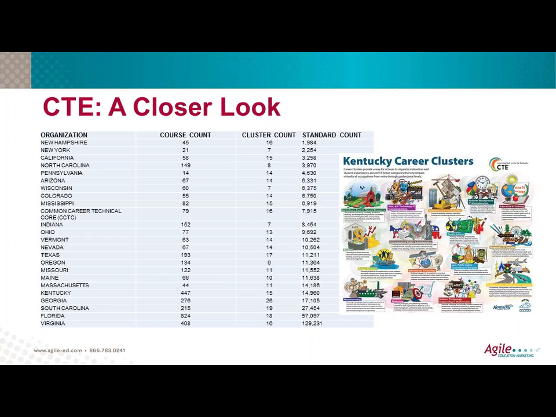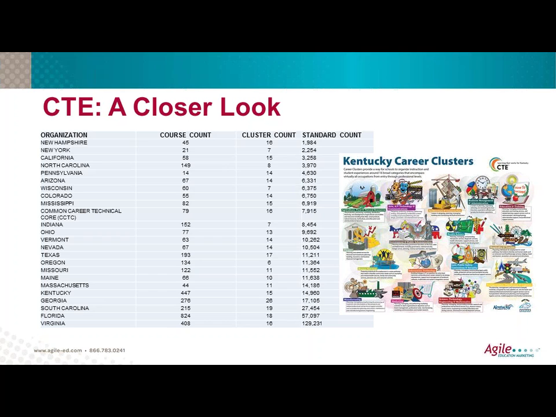Also, when we looked at the states, we found that what courses they created was really dependent on the state's economy. So, for instance, in Florida, there's a large number of health science-related courses, and that makes sense because historically Florida has been known to support a large number of retirees. So the thought is that preparing young people to care for its elderly population makes sense for that state.